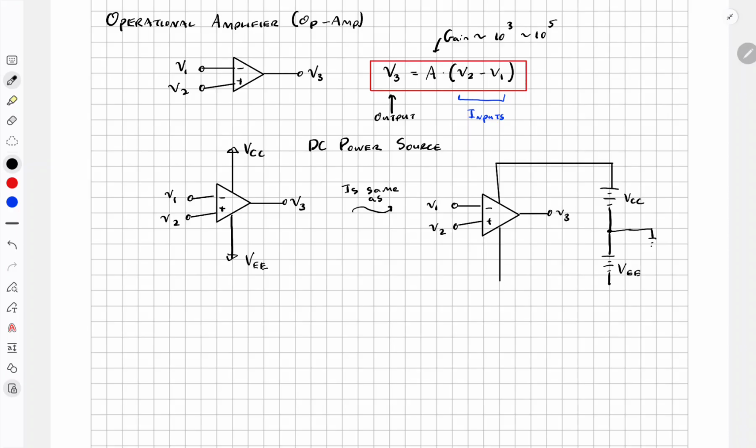Obviously this circuit on the right is a lot more complicated to draw, so we simplify it down to just drawing these arrows. It's important to get used to this newer way of representing the two DC power supplies, and we typically do not draw the power supplies.